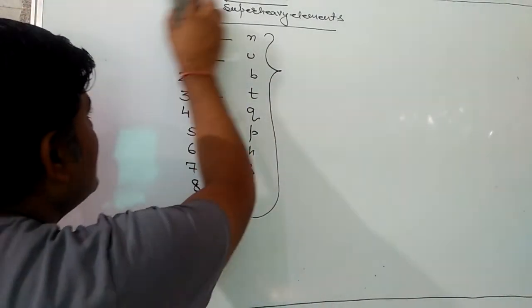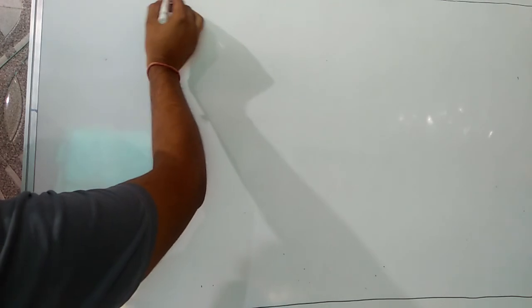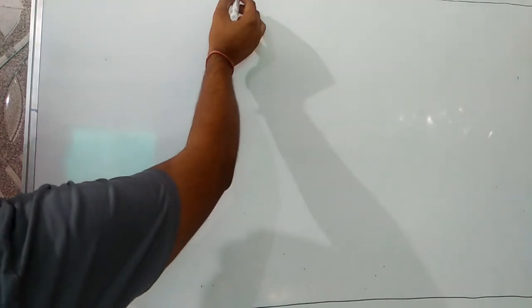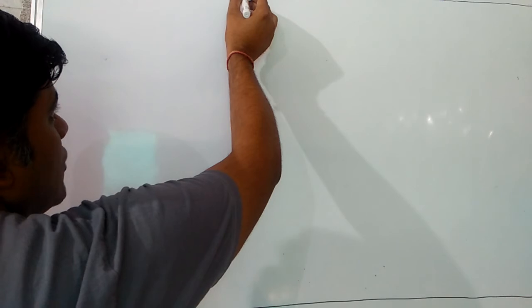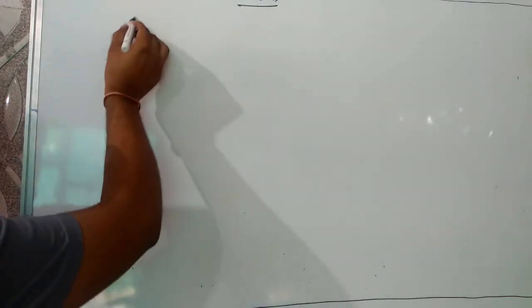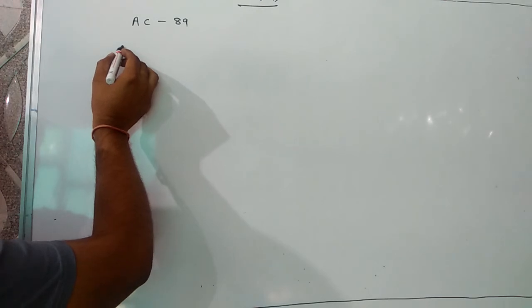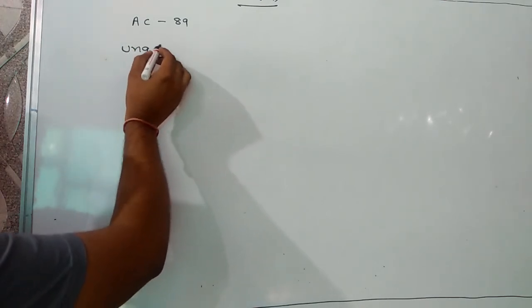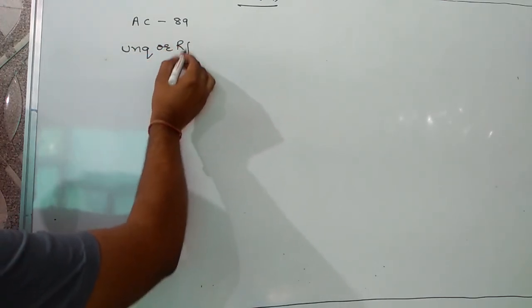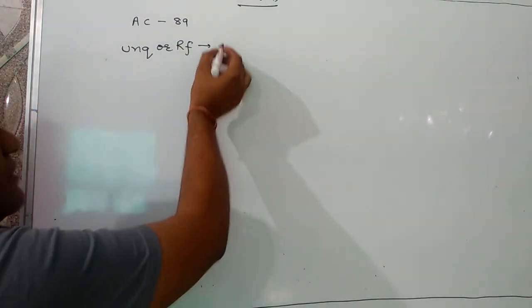This series also starts with atomic number 89, actinium, and finishes with element copernicium, 112. So the series starts with actinium, atomic number 89. Next element, we can write its symbol as UNQ, or rutherfordium, atomic number 104.